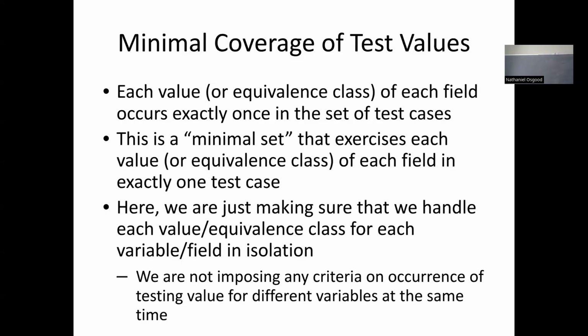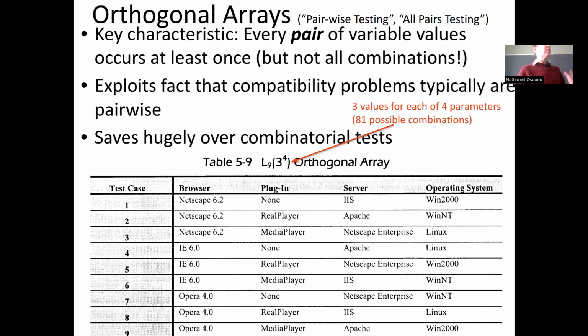Especially with manual testing, or even automated testing, which you folks know can take a while, you can't test all possible combinations of equivalence classes. But the idea of orthogonal array testing is that you are sure to test every pair of equivalence classes. So every pair is tested.